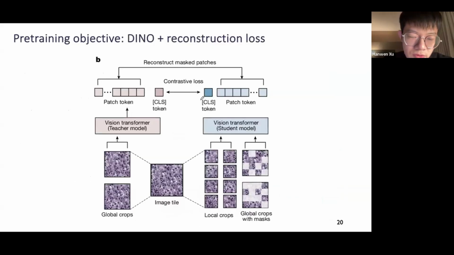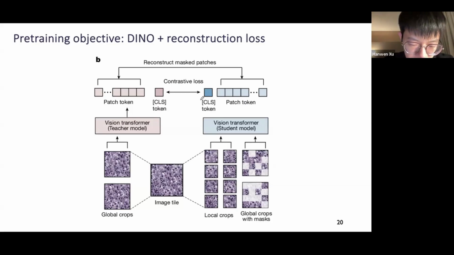For the pre-training objective, I will quickly go over this. We use DINO plus reconstruction on the slide encoder. The DINO pre-training objective is basically a student-teacher distillation network. The idea is pretty simple. Given one image, we do multi-cropping: we crop the image into global crops and local crops.